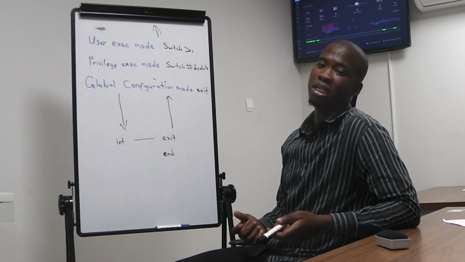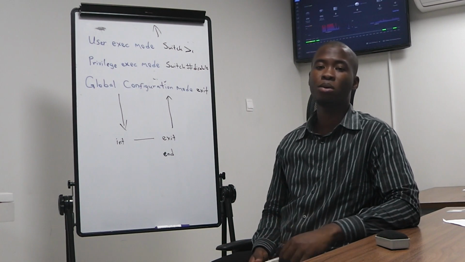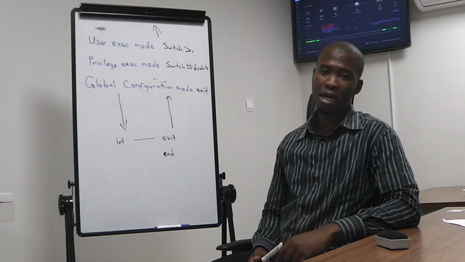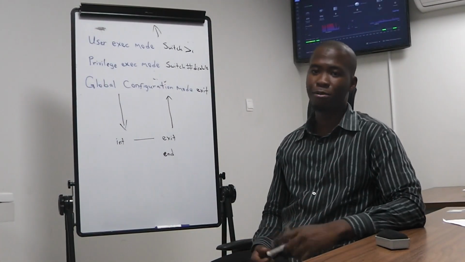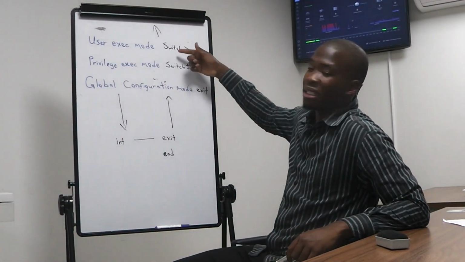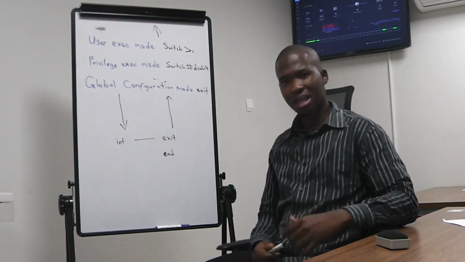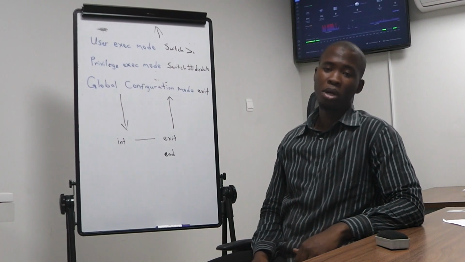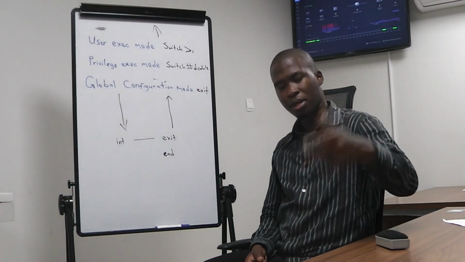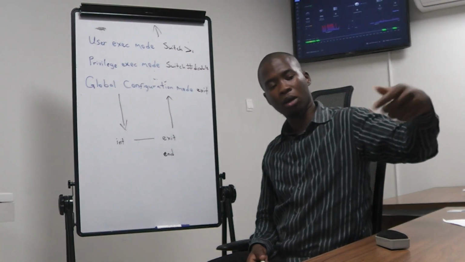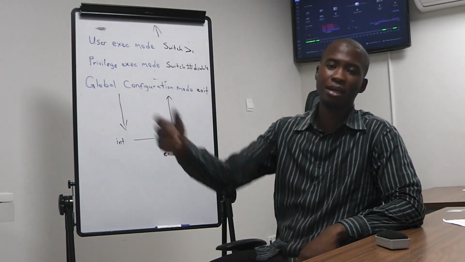So let's say instead of using the console port, I am accessing my devices using either Telnet or SSH, using remote access. If I am to Telnet on different devices, let's say I have multiple devices, maybe a router or switch, and they are all having the default name switch, then it becomes very difficult for me to differentiate between these devices, especially if I'm logging into several remote devices.